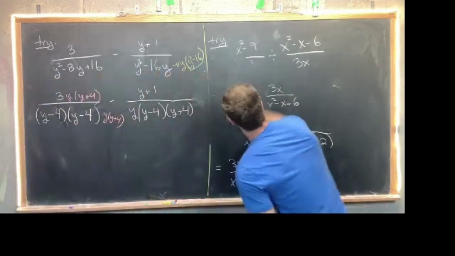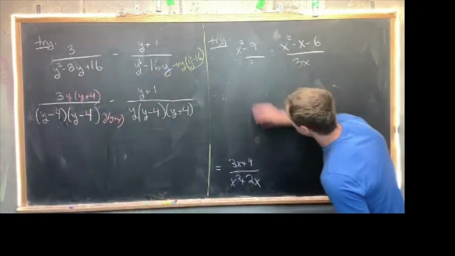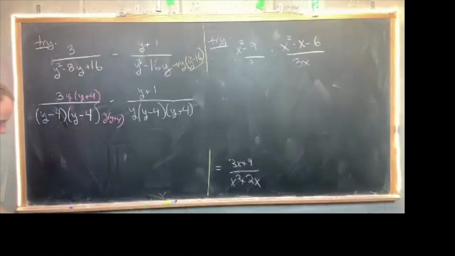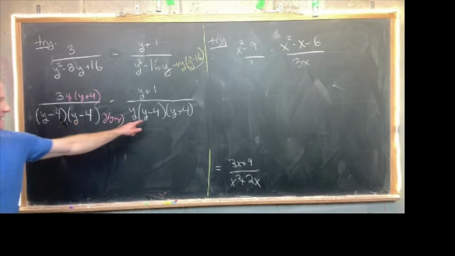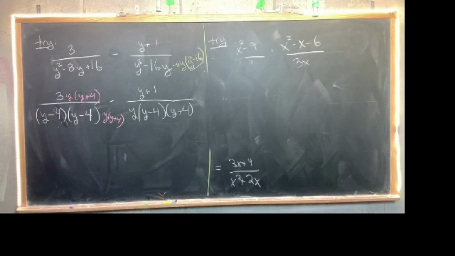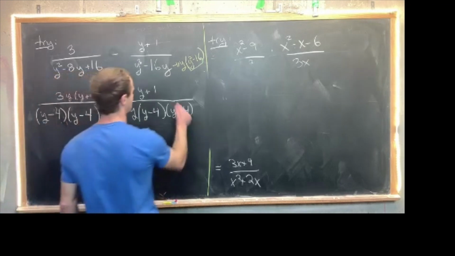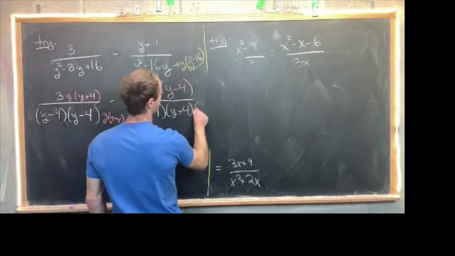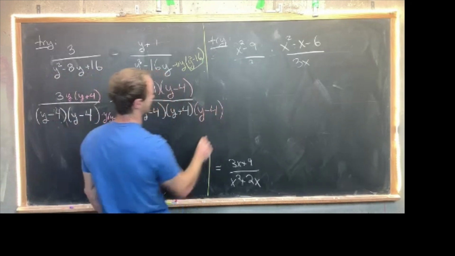And then let's see what's happening over here. Over here, we're missing just a y minus 4, right? Because this has 2 copies of y minus 4, but this has just 1 copy of y minus 4. So we can multiply this by y minus 4 and then y minus 4 down there.